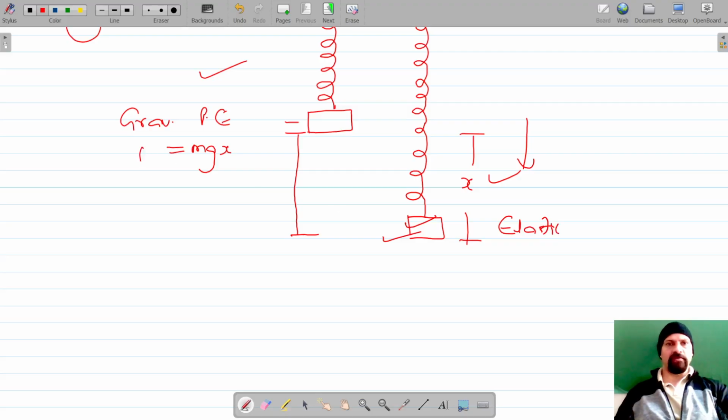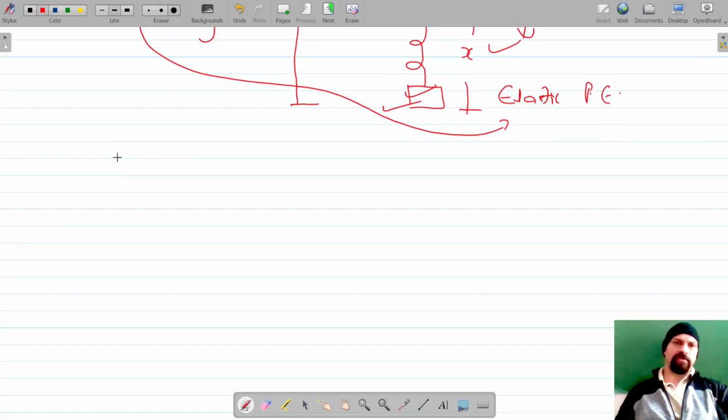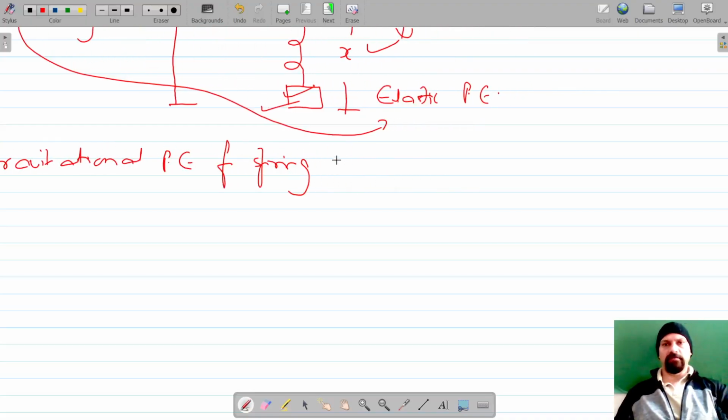So the whole of the gravitational potential energy gets converted into elastic potential energy. So that means gravitational potential energy of the spring becomes equal to elastic potential energy of the spring when it's allowed to fall freely and it stops.